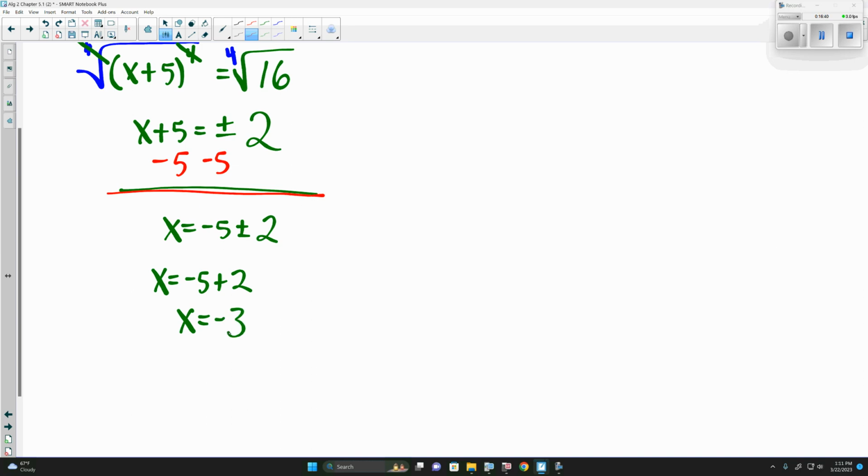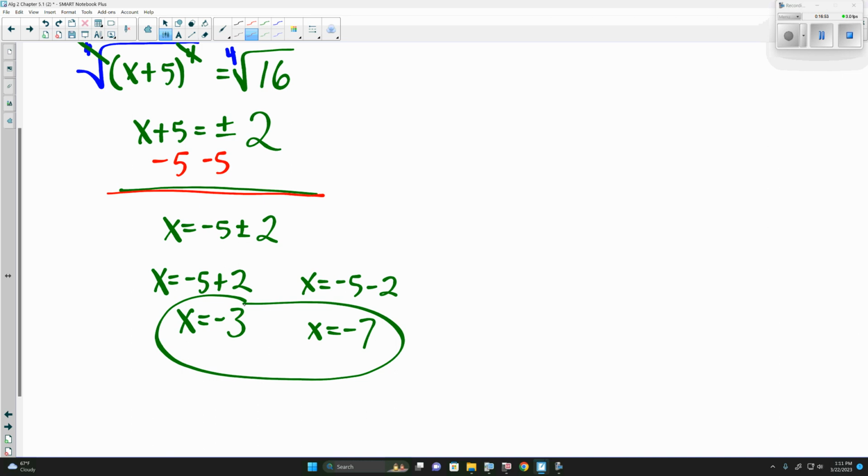Negative 3. Negative 5 minus 2 is, so if we can simplify it, we're going to need to simplify it. But that's it.